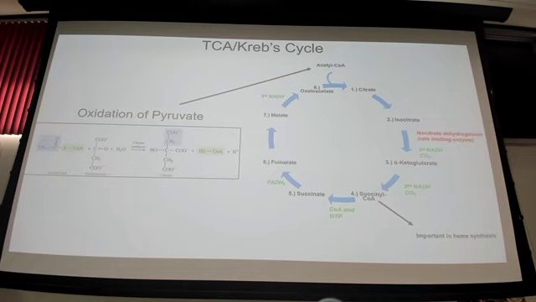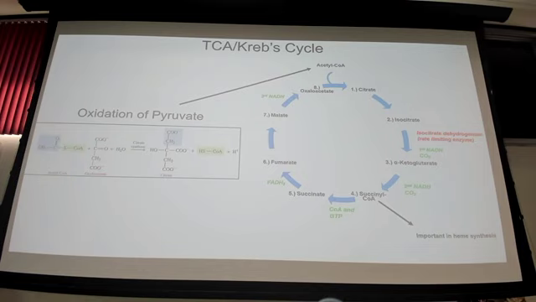I just want you to be mindful of the interplay and connectivity of all these different intermediates. You've seen several of them in block 2 appear in different pathways: alpha-ketoglutarate, fumarate.